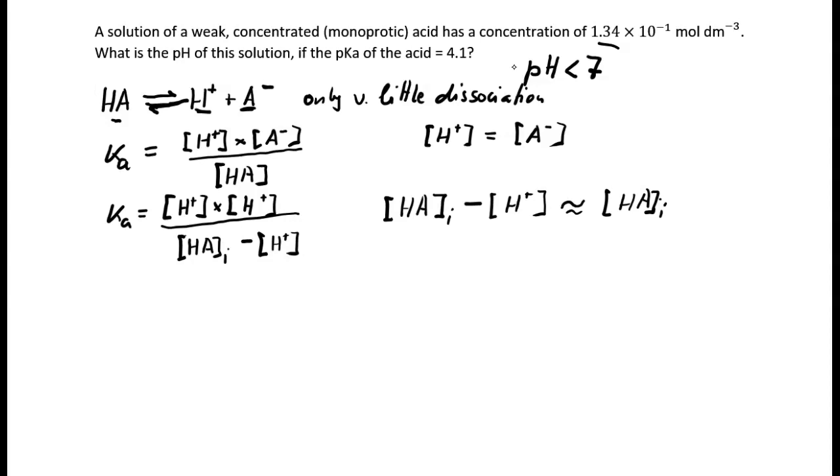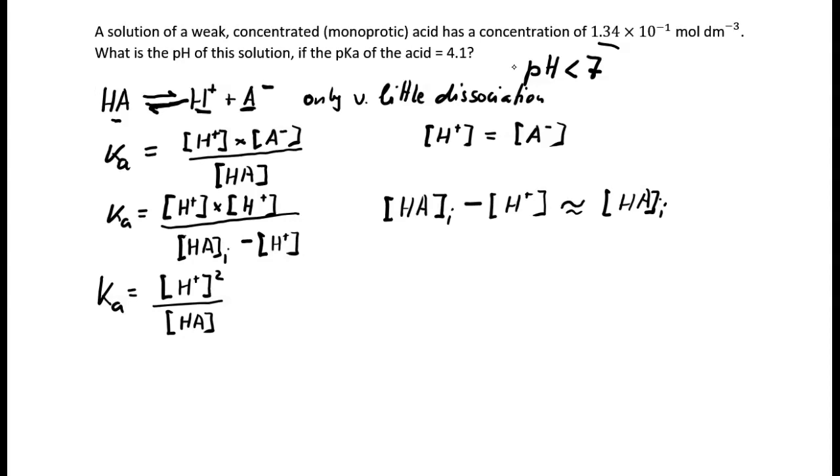So we can now rewrite our Ka. We can write Ka equals H plus squared divided by our starting concentration of the acid.